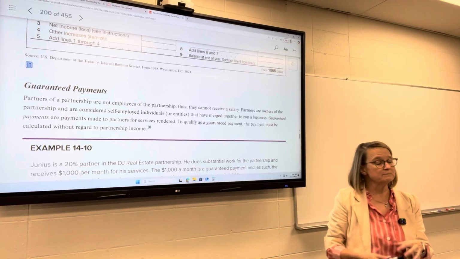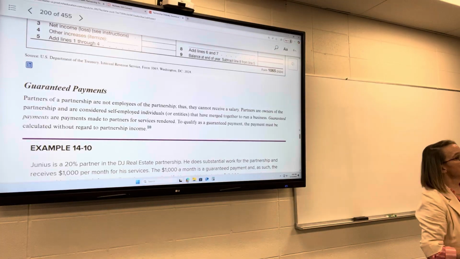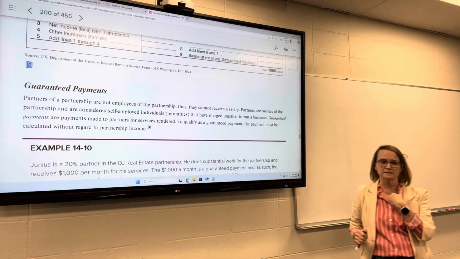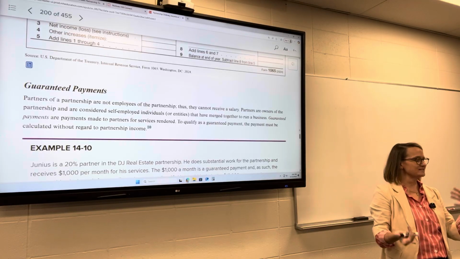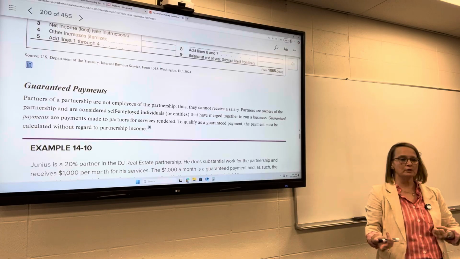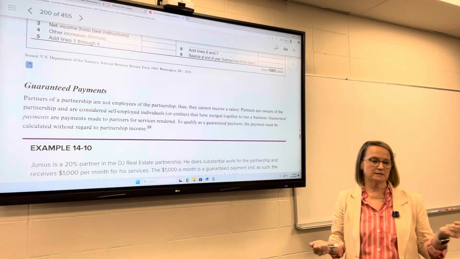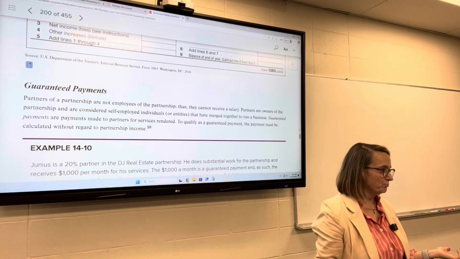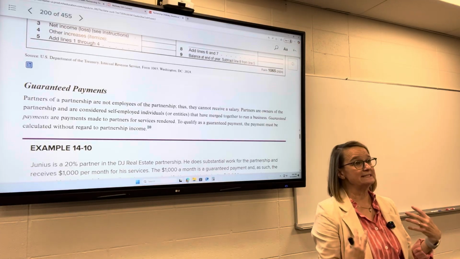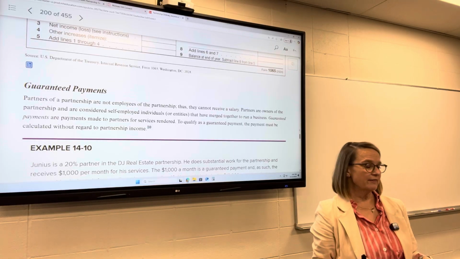And the thing about guaranteed payments that's unique, so when you are a sole proprietor and you've got your own business, if you pay yourself, you don't get to deduct that as an expense. You just pull out the cash, and you still have to pay tax on all of your net profit. You don't get a special deduction for that payment.